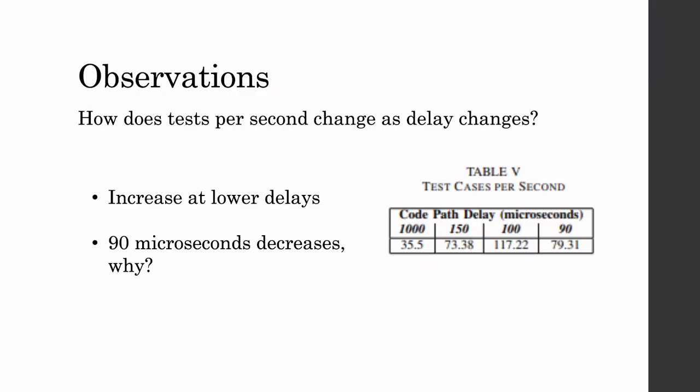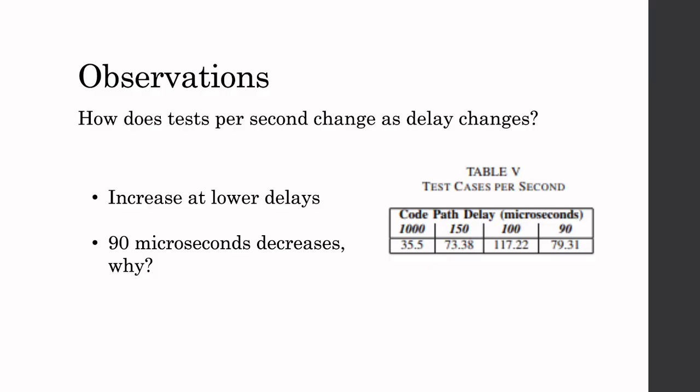Well, at higher code path delays, for example 1000 microseconds, once the fuzzer starts finding new code paths that take that 1000 microsecond delay, it has to wait those full 1000 microseconds to get a response back.